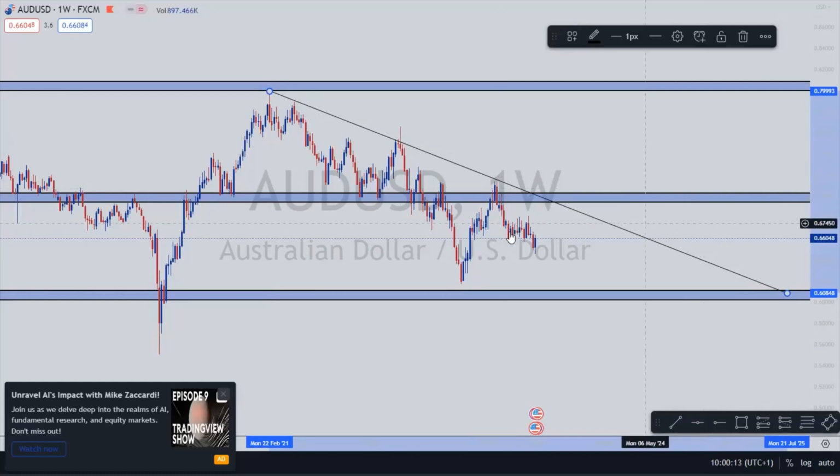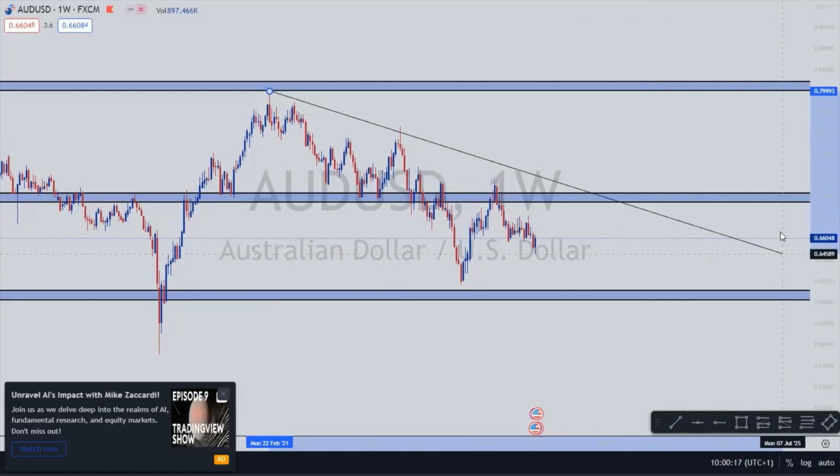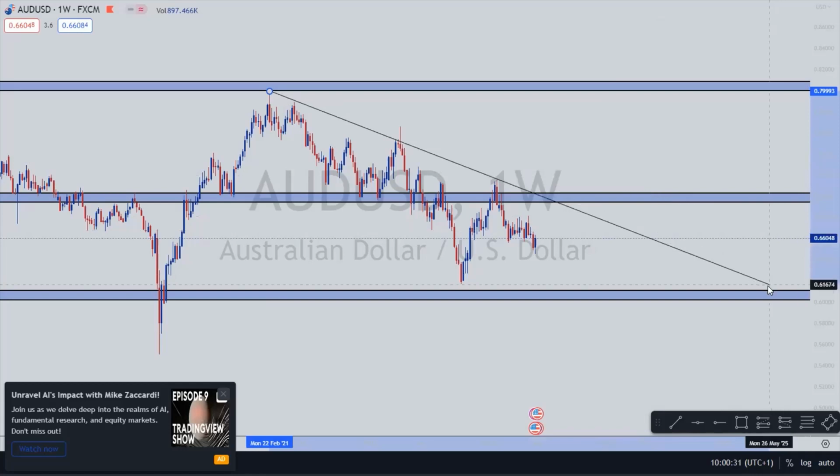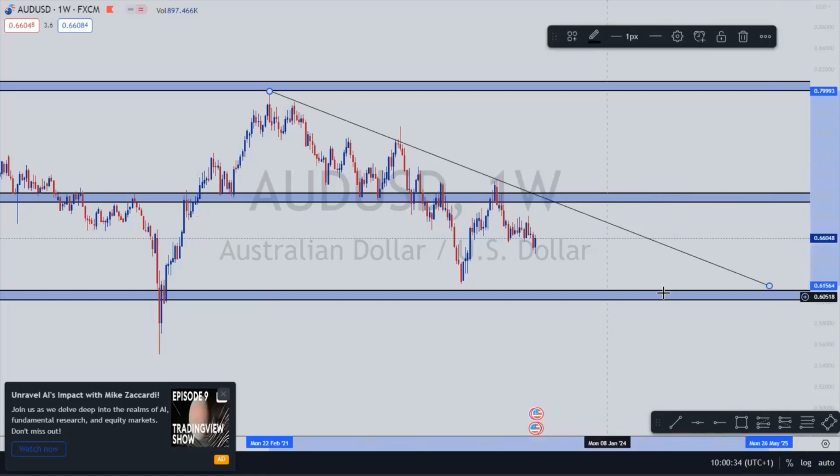But in case we break this trend line, I'm going to adjust it to this point here. And just for more confirmation, that's in the case where we actually break this first trend line here. So for now, it looks like it's not happening anytime soon.